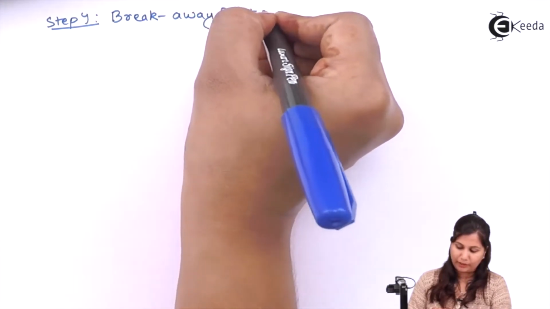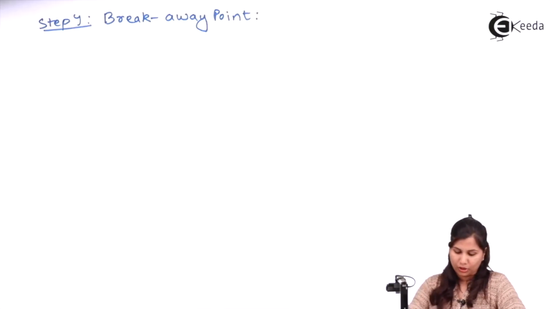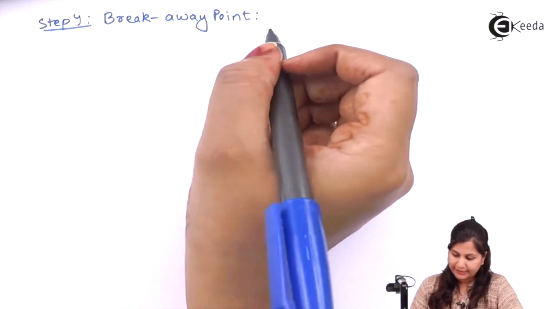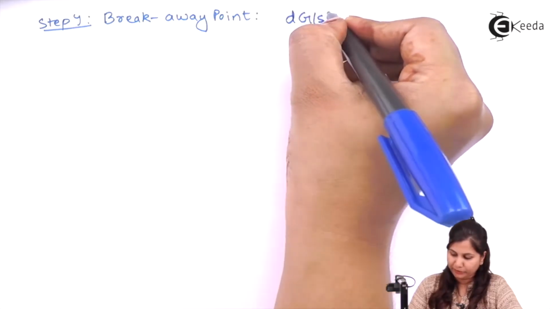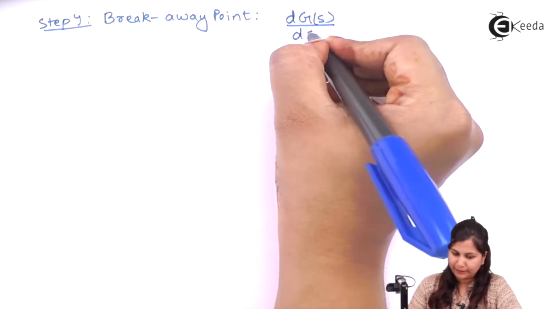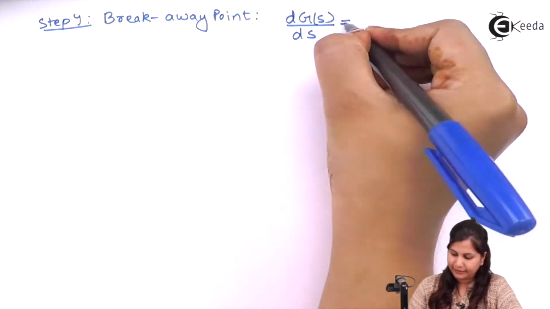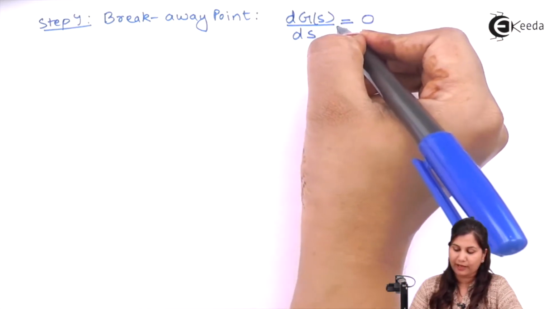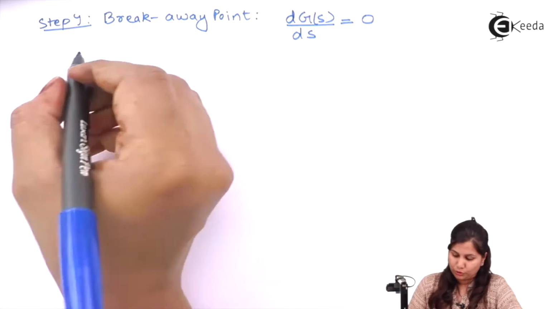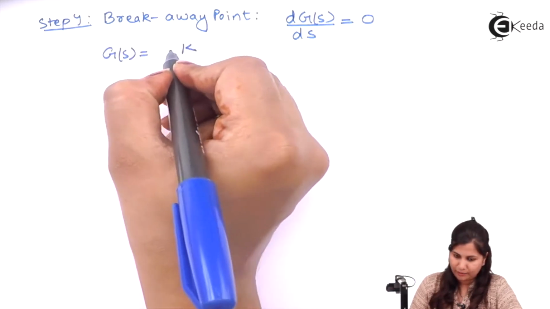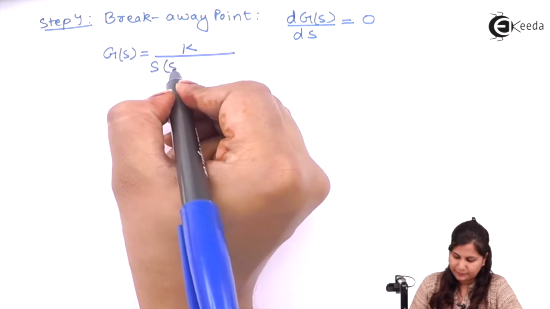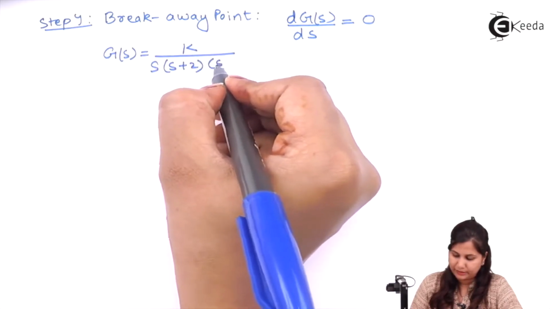Now breakaway point. The breakaway point is calculated by differentiating the open loop transfer function with respect to S and then equating this differentiation value to 0.